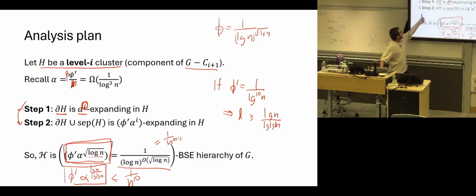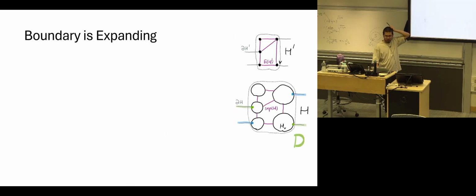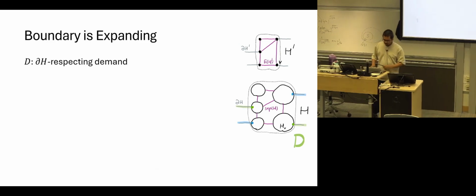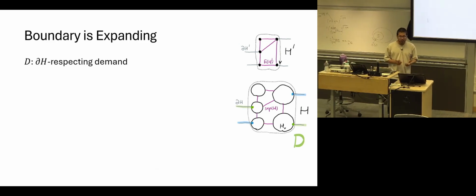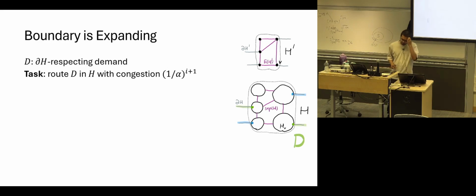Okay, so let's start with step 1. For step 1, I want to show that the boundary is expanding. So the only thing we need to show is, given a demand that respects the boundary, how to route it with low congestion. I claim that we can route this demand that respects the boundary inside H with low congestion.